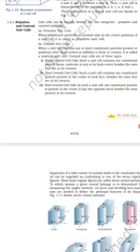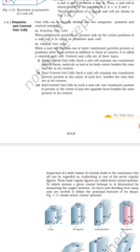Types of unit cells. There are 2 types of unit cells: primitive and centered unit cell. First type, primitive unit cells.